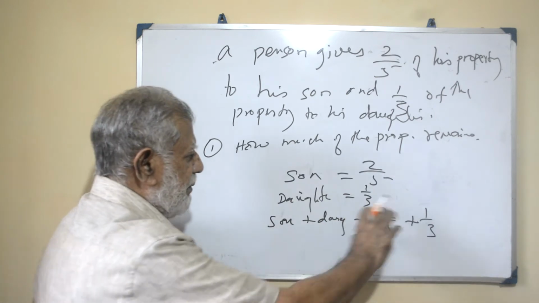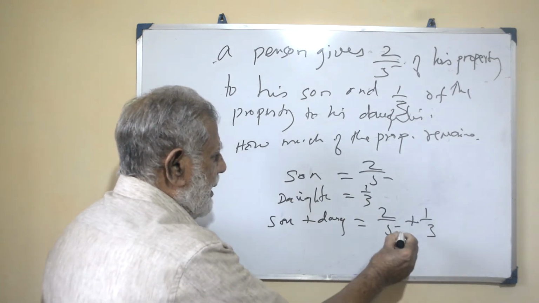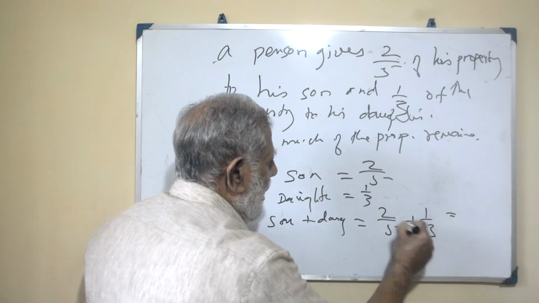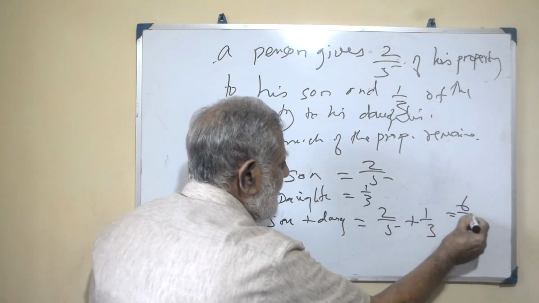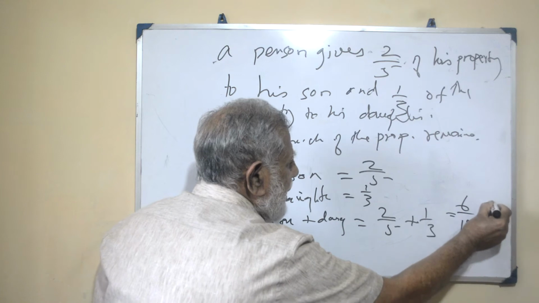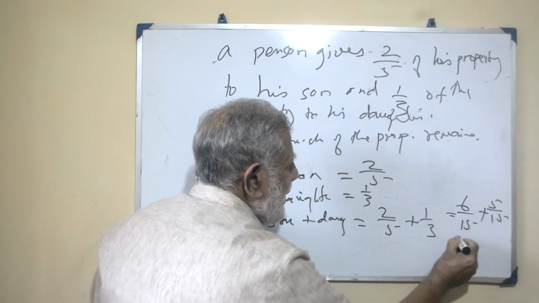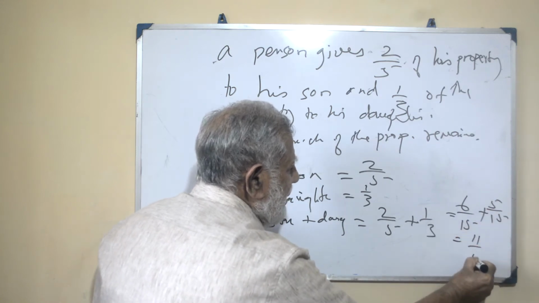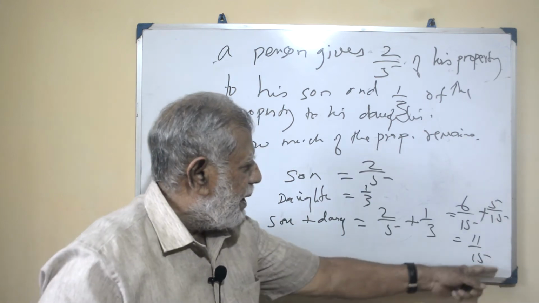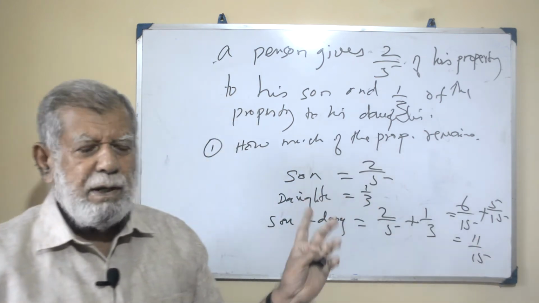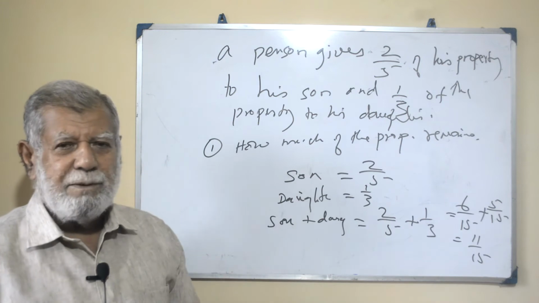So we use the corresponding method, multiplying to get 6/15 plus 5/15, which is equal to 11/15. So out of 15 parts, he is giving 11 parts to his son and daughter.